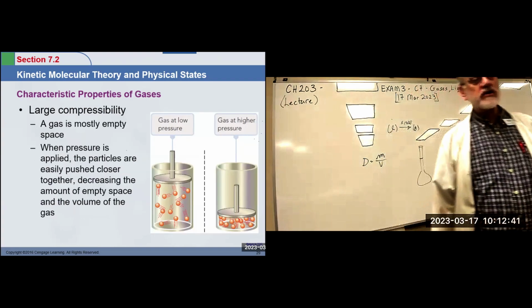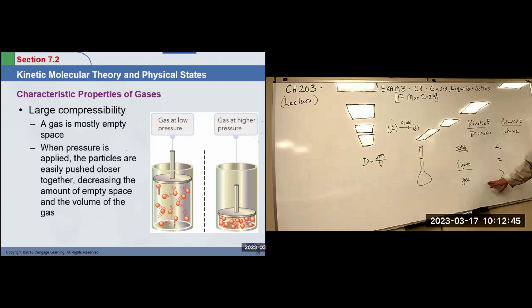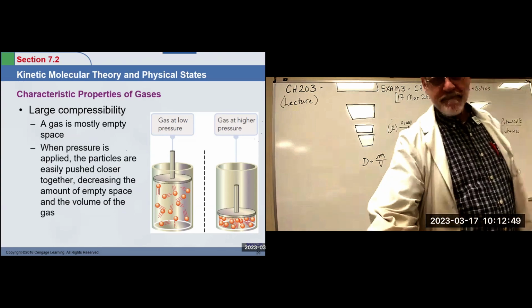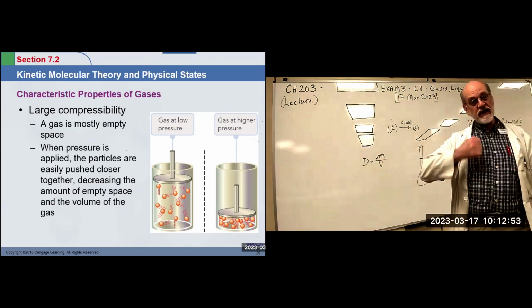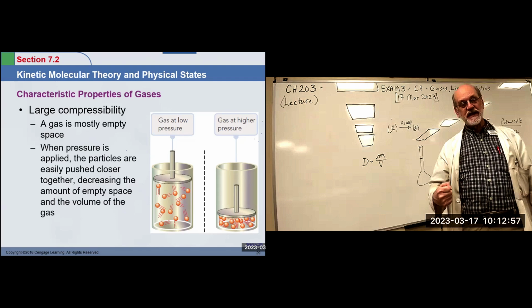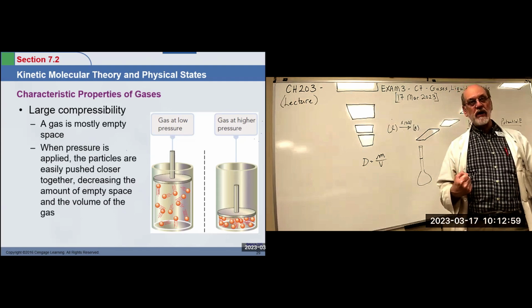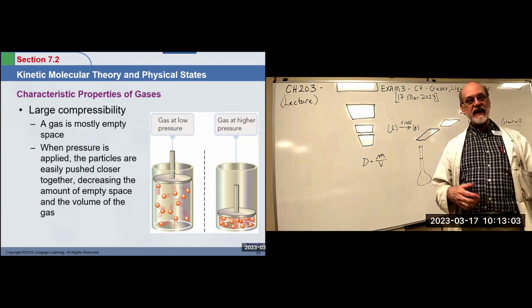They have very large compressibility, and this is due to the fact that there's so much space between them. But they will fight back. If you want to compress the gas, you've got to increase the pressure. And that pressure is opposed by the molecules inside the gas banging against your plunger.